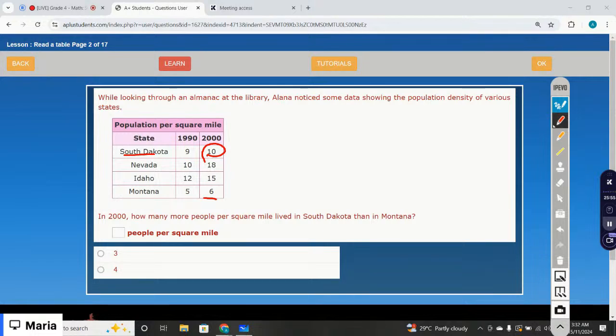That is 4 people per mile. Option number 2 is the correct option.